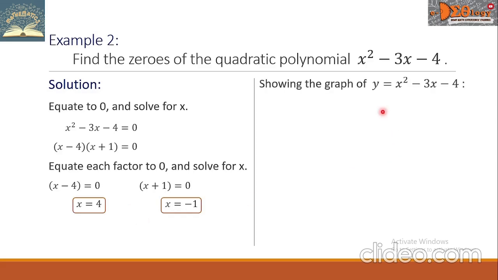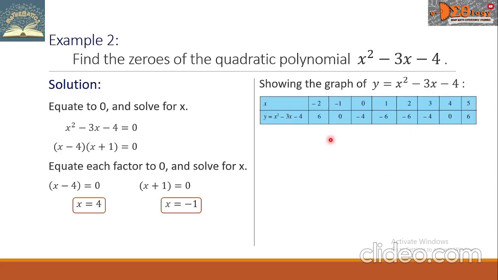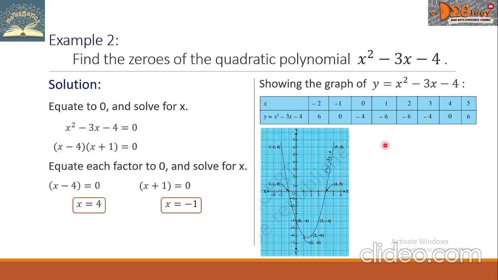Let us show the graph of y equals x squared minus 3x minus 4. When doing this, we can show some values of x and eventually we can see the value of y. Here are corresponding values. Let us now plot the corresponding points and connect them by a smooth curve. So the graph is here.